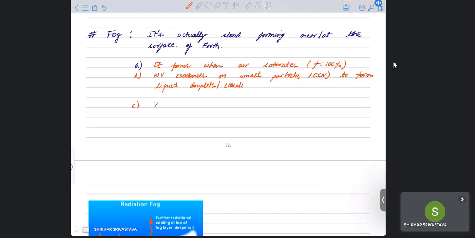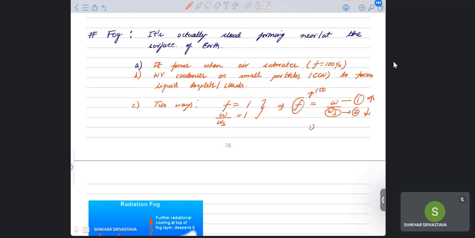And there are only two ways to do that. I've already taught this. For saturation to occur, the relative humidity must equal 100%, or 1. And we know that relative humidity is the ratio of the mixing ratio to the saturation mixing ratio. That means you can only increase the relative humidity to 100% in two ways: either by increasing the amount of water vapor in the parcel, or by decreasing the saturation pressure, by decreasing the temperature.